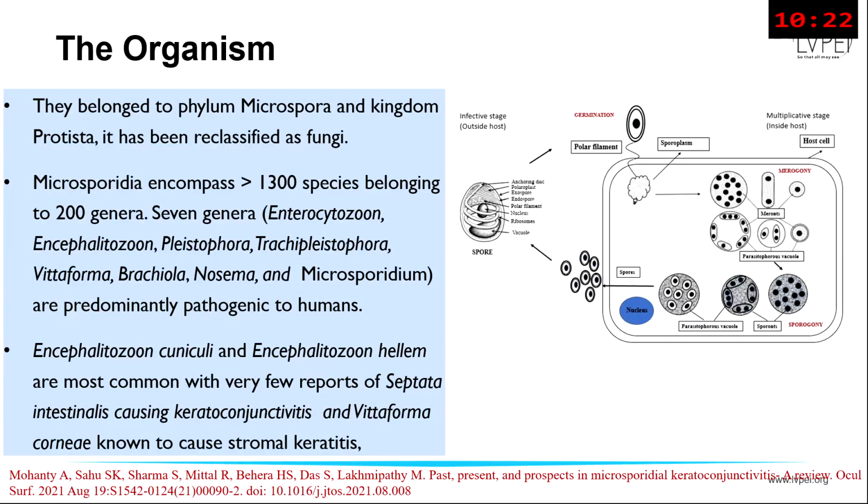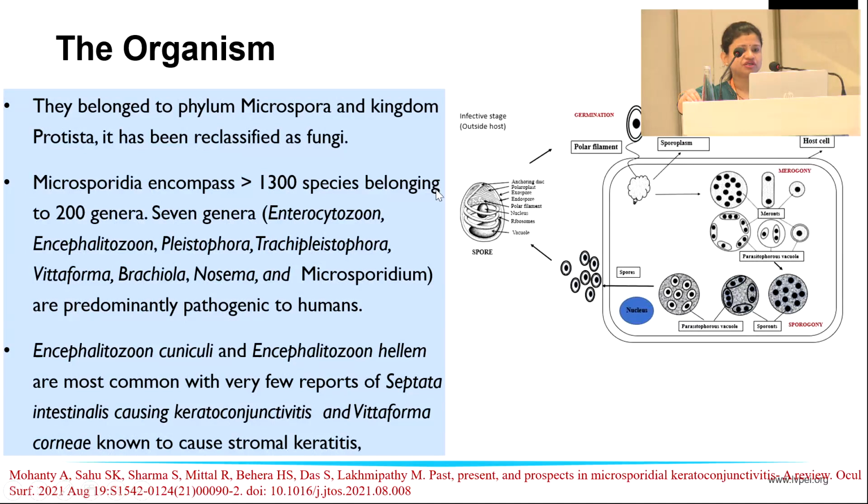Regarding the organism, it belonged to the phylum Microspora and kingdom Protista, but is now reclassified as a sister group to fungi because of molecular and morphological similarities. It has more than 1,300 species belonging to 200 genera, of which 7 are most commonly reported in ocular infection. Encephalitozoon cuniculi and hellem have been reported in keratoconjunctivitis, whereas Vittaforma corneae, previously known as Nosema corneum, has been reported in stromal keratitis.